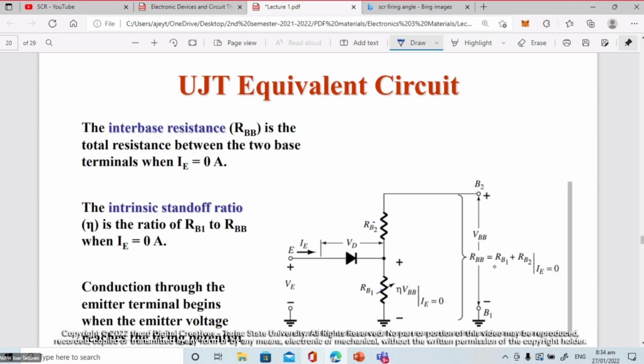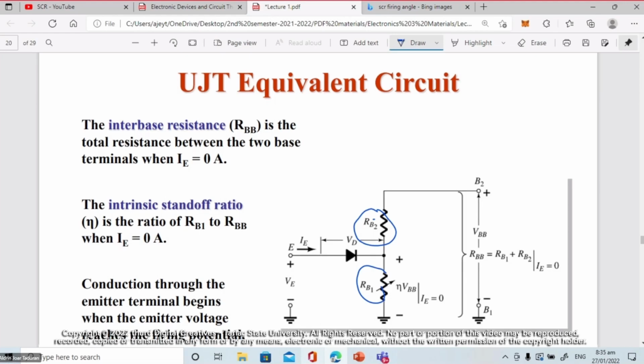So, depende kung ano yung internal base resistance nito, gano'ng kalaki. Pag pinagsama natin si RB2 tsaka si RB1. And then, may characteristic yung UJT kung kailan gano'ng kalaki yung ratio ng internal base resistance natin. Yung tinatawag natin yung intrinsic standoff ratio. So, the intrinsic standoff ratio is the ratio between RB1 to RBB when IE is equal to 0.